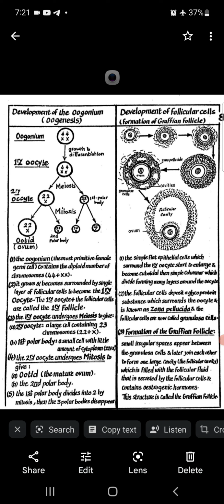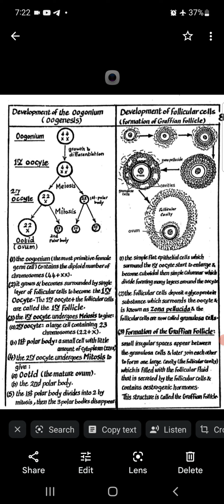Then the secondary oocyte with the help of mitosis divides into ovum and second polar body. Now at the end one ovum is produced and three polar bodies are produced. One is the second polar body and two are the first polar body, and these three polar bodies disappear and at the end there will be one ovum.